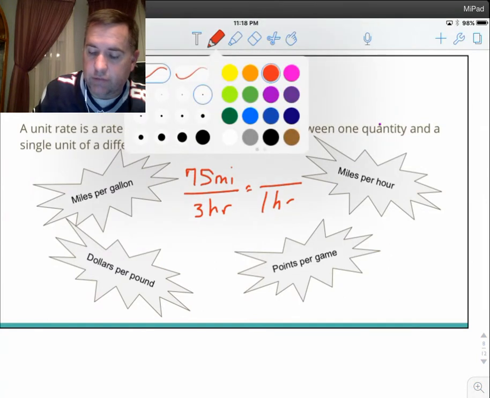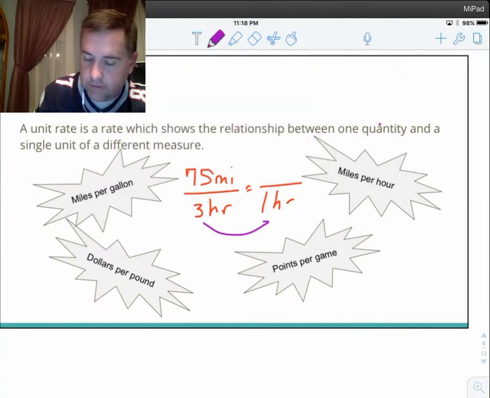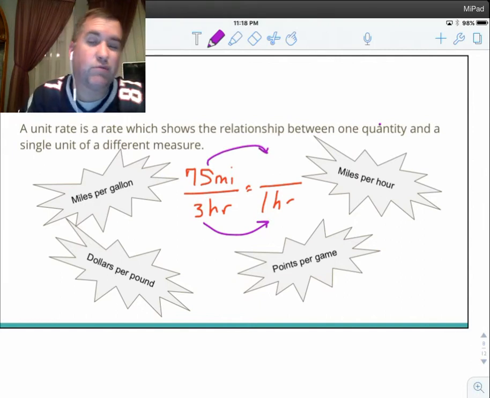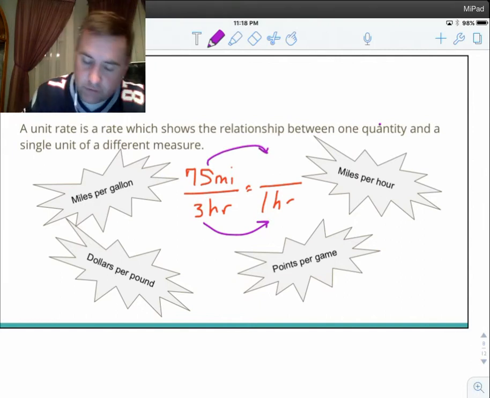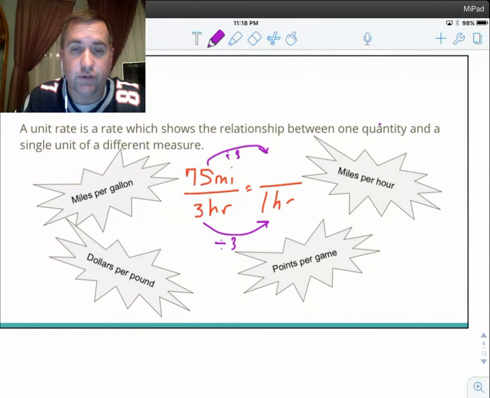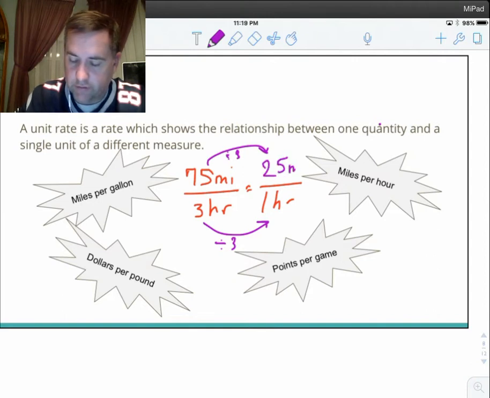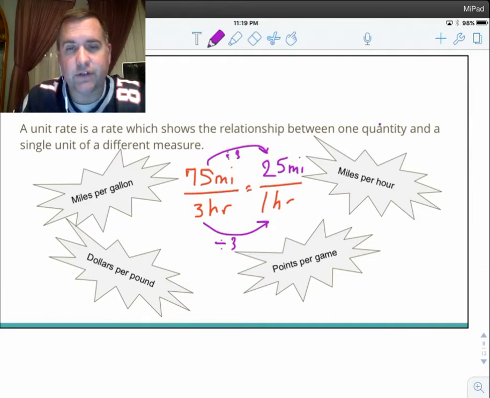And then we find that by, well, just like you can multiply the top and bottom number by the same value to get an equivalent ratio, we can divide the top and bottom by the same number to get an equivalent ratio, in this case, our unit rate. Because when we have 3 hours, we want to divide it by 3 to get to the 1 hour, and then 75 also divided by 3 would be 25 miles per hour. So you're not making great time, but that would be the unit rate.